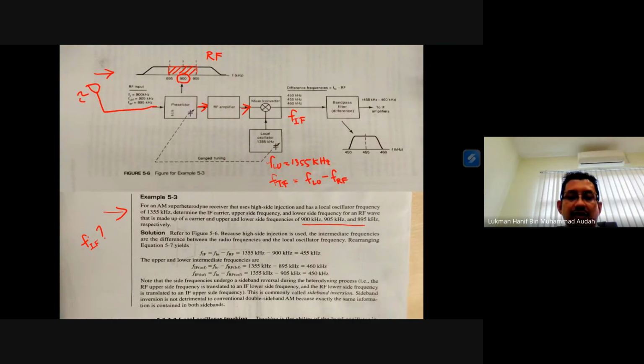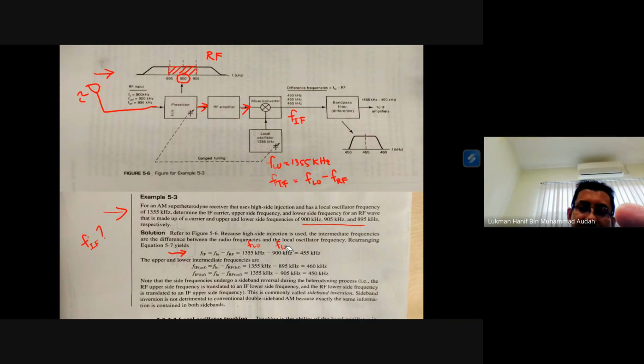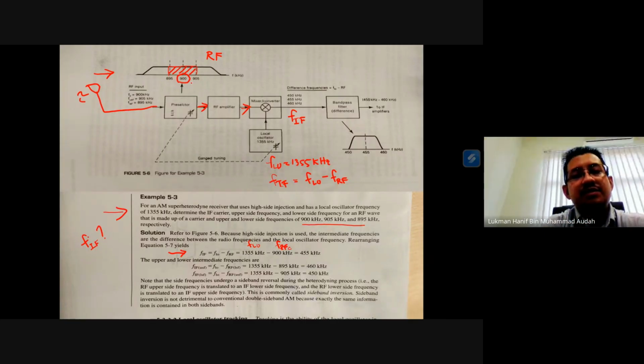If you see the first one, in order to find the center of the intermediate frequency, we use FIF equal to FLO minus FRF center.